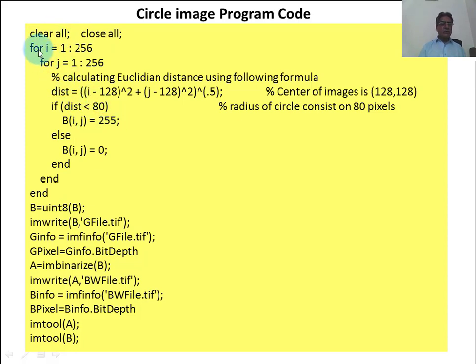There are two loops again: the for loop which controls the lines, and the for loop whose control variable is j, controlling the number of columns.